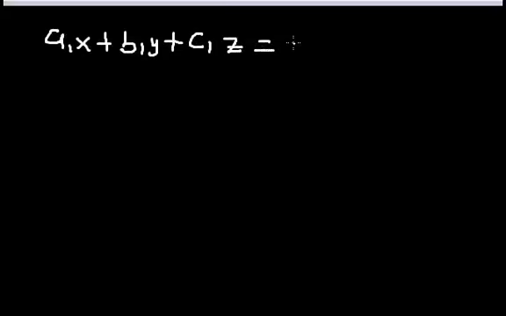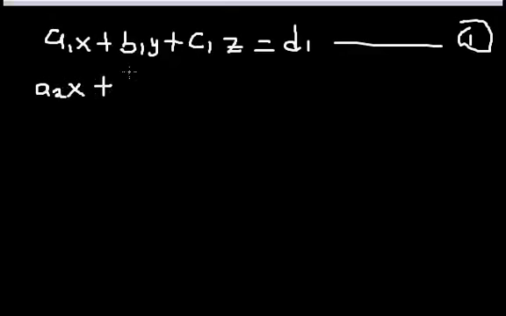Now for 3 variables, we are looking at something of this nature: a1x plus b1y plus c1z, so the 3 variables are x, y, z, equal to d1. I call this equation 1. Then equation 2, I'm having a2x plus b2y plus c2z equal to d2.